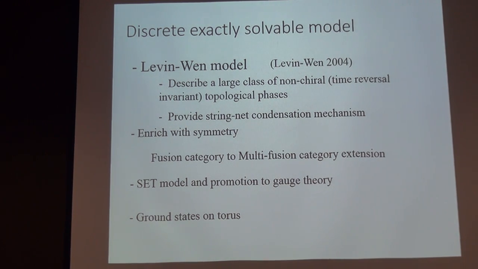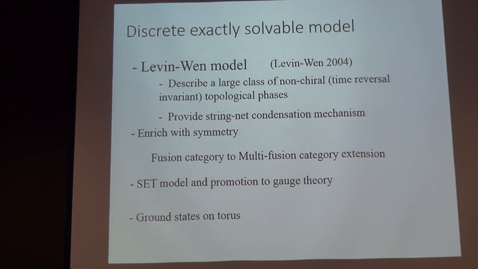And particularly, the Levin-Wen model describes a large class of non-chiral topological phases. I will introduce the Levin-Wen model first, and then I will show how to enrich the model with symmetry.